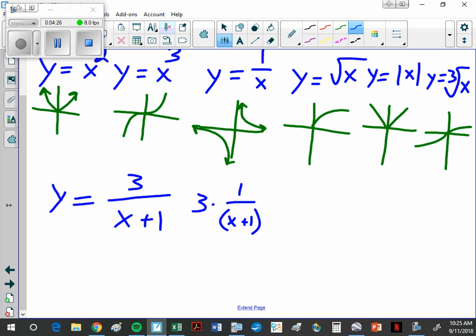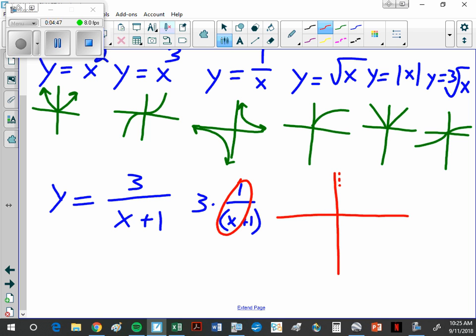Does that make sense? So my original graph is this, 1 over x. And then when I add 1 to the x, it's going to move left. And then the 3 is going to make it taller.